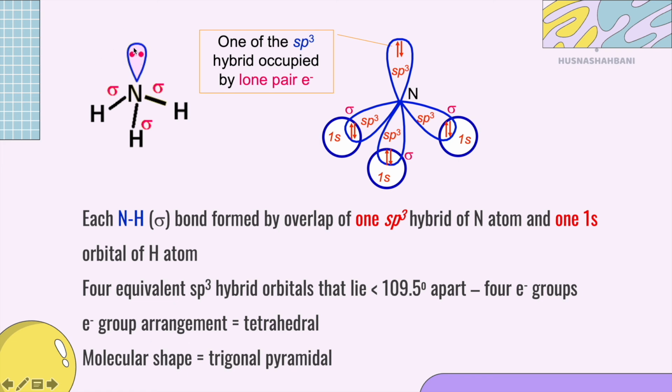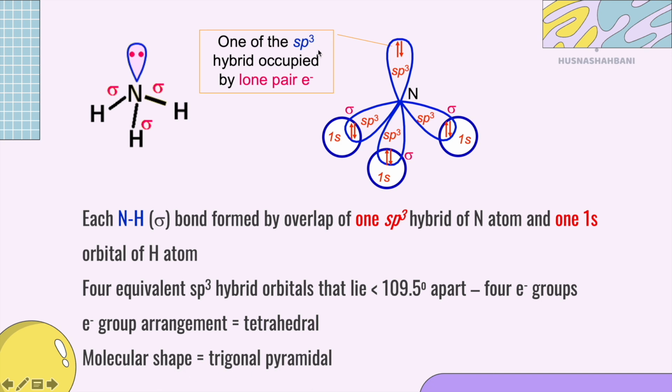But you have 1 lone pair, so with 1 lone pair on a tetrahedral arrangement the molecular shape is trigonal pyramidal. So in trigonal pyramidal, the bond angle between the H and H bonds is less than 109.5 degrees. So electron group arrangement tetrahedral, molecular shape trigonal pyramidal.